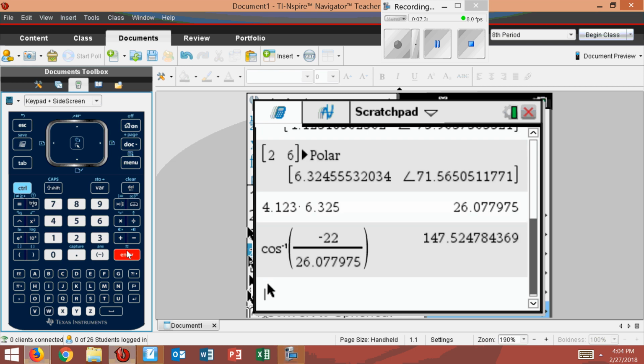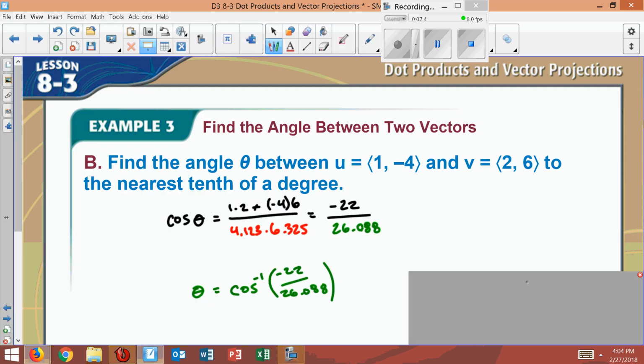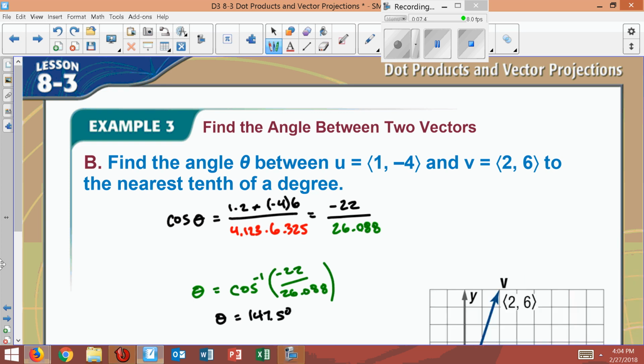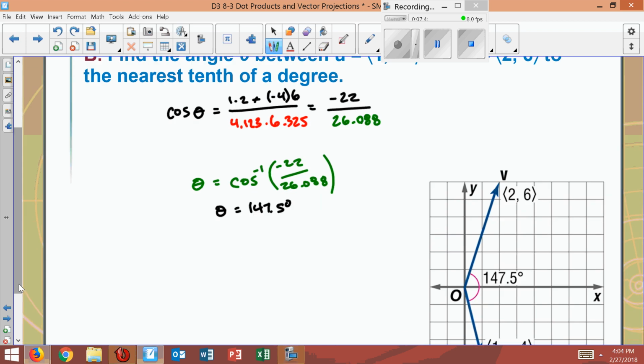It'll be more exact. And it says it's 147.5 degrees. Let's see what they got here. 147.5. So we did it correctly. Now here's one for you to try.